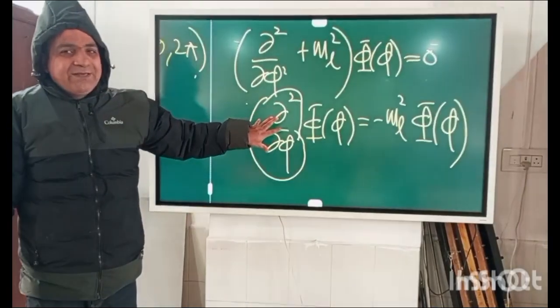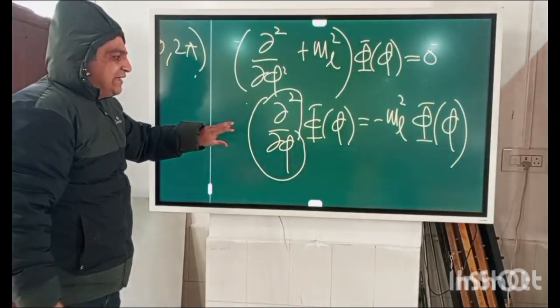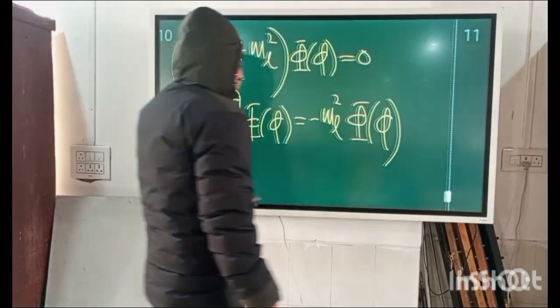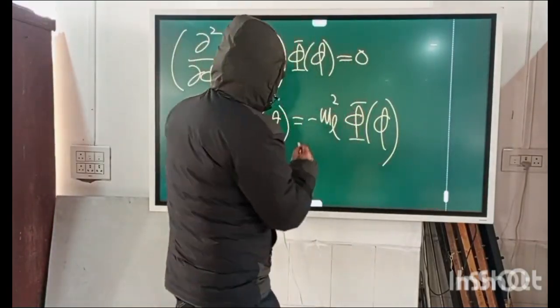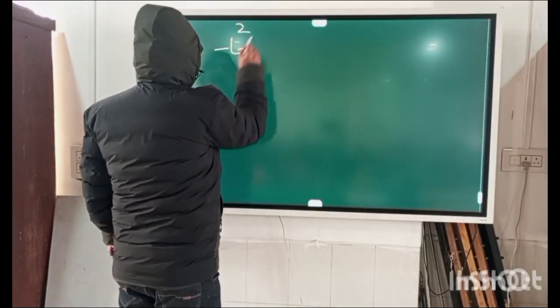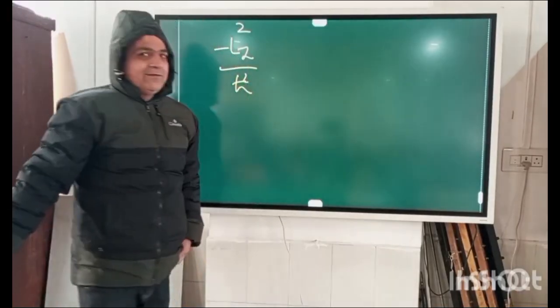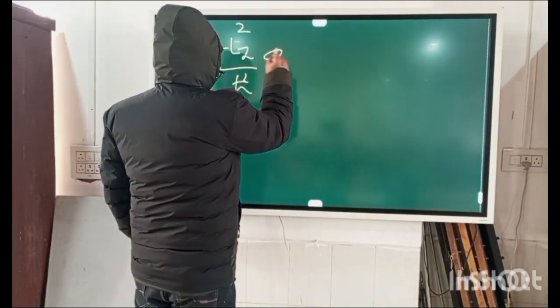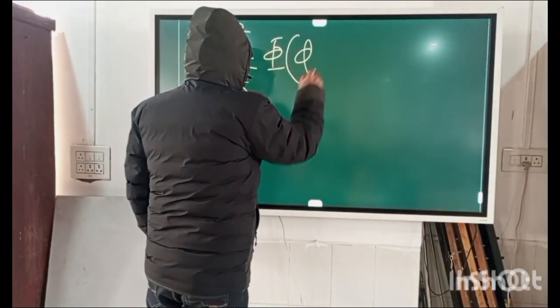Instead of this, I will write minus Lz² by ħ² times capital Φ, this is my eigenfunction.